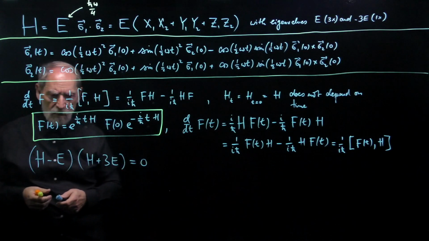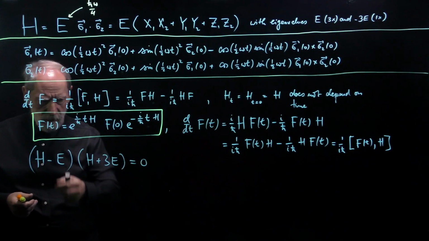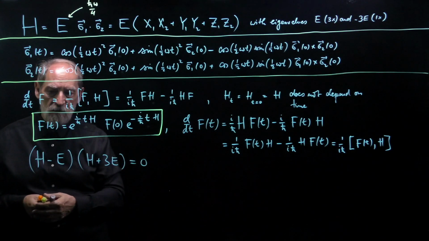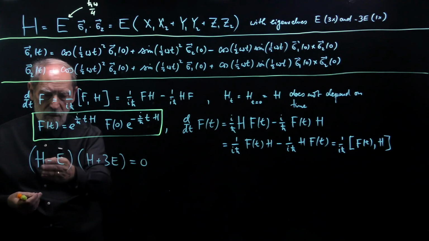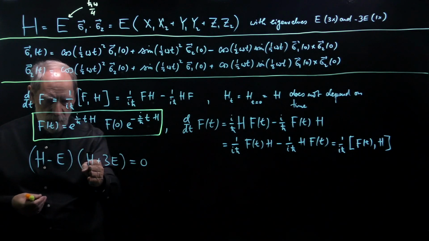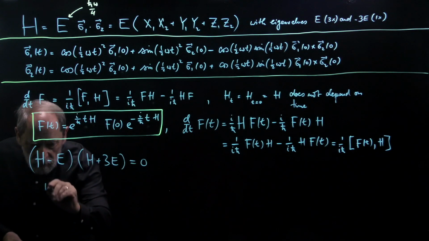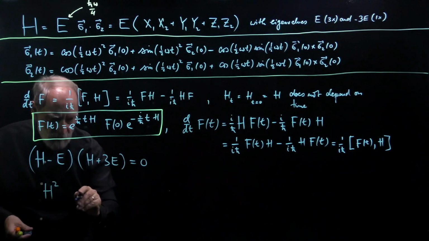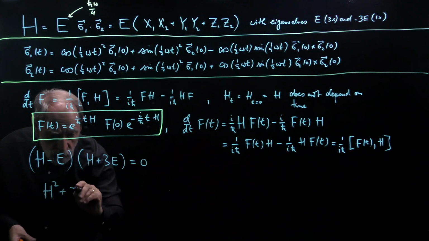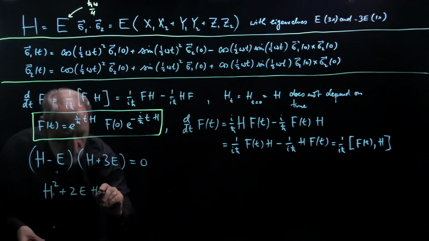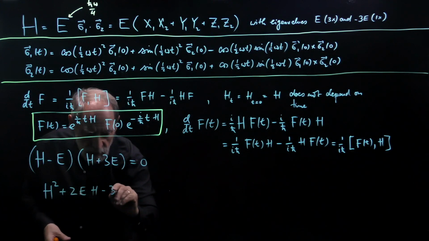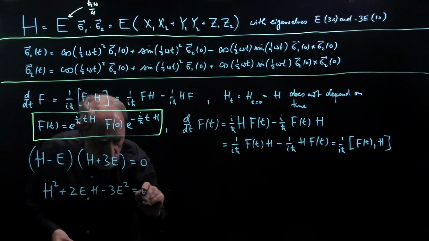So we have this simple equation, meaning that the square of the Hamilton operator, well, let me write this out: the square of the Hamilton operator plus 2E times the Hamilton operator minus 3E squared is equal to 0.